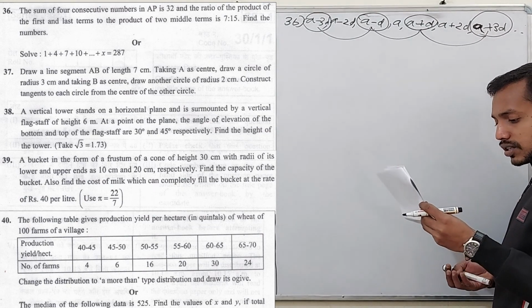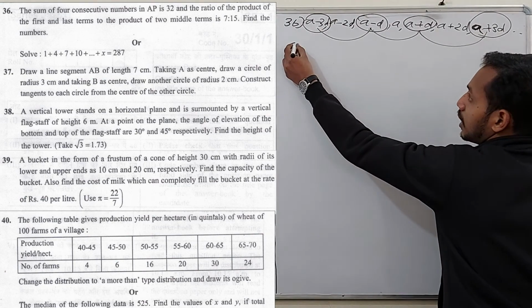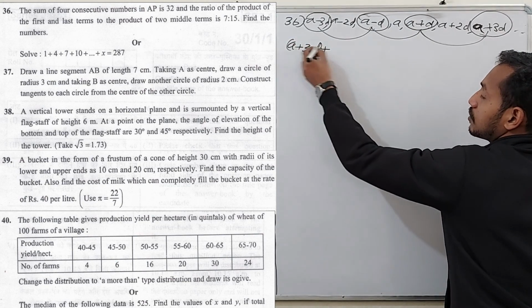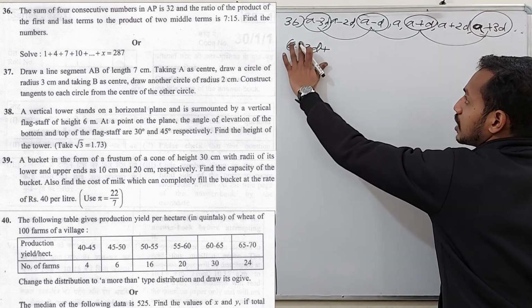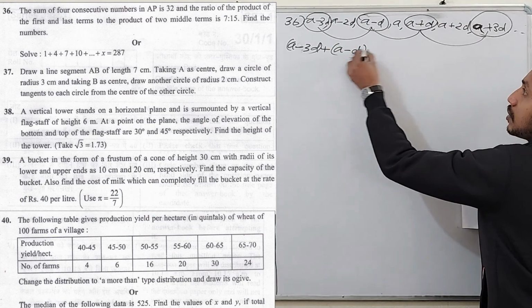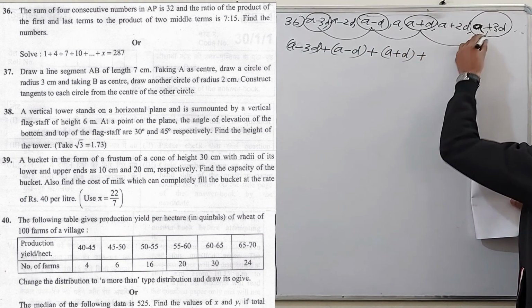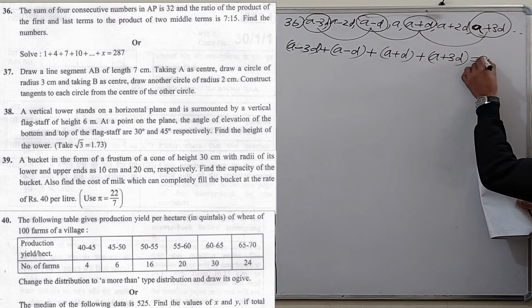Now come to the question: the sum of these numbers is equal to 32. That means the first condition is the sum of 4 terms is equal to 32. That is a minus 3d plus a minus d plus a plus d plus a plus 3d is equal to 32.